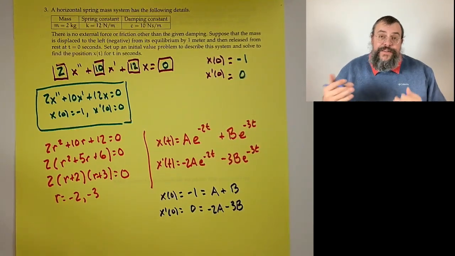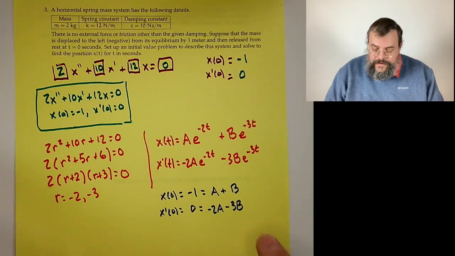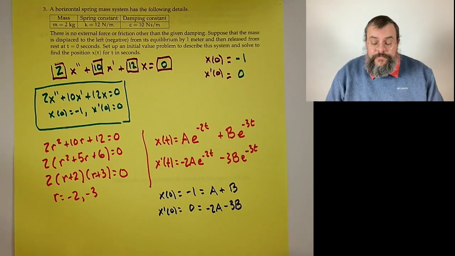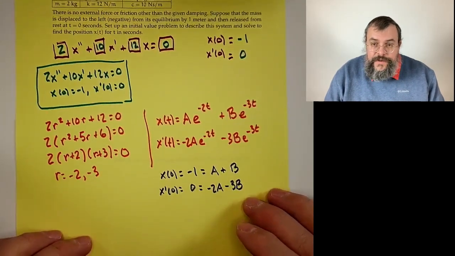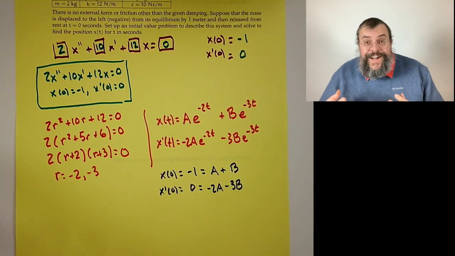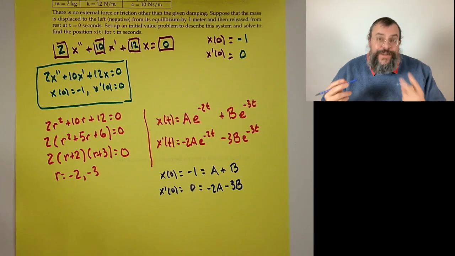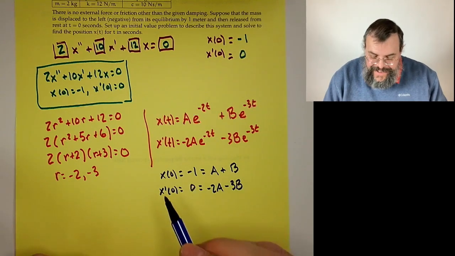So we're taking advantage of the fact that e to the 0 is 1, so that it's very easy to evaluate. All right, well, two equations, two unknowns. We've done this a lot. If it's one thing we've learned this semester, it's two equations, two unknowns.